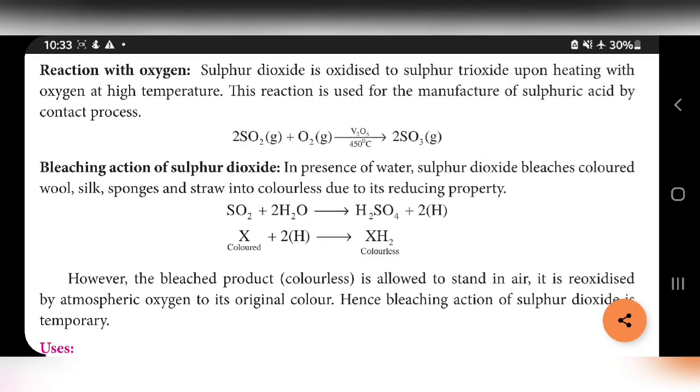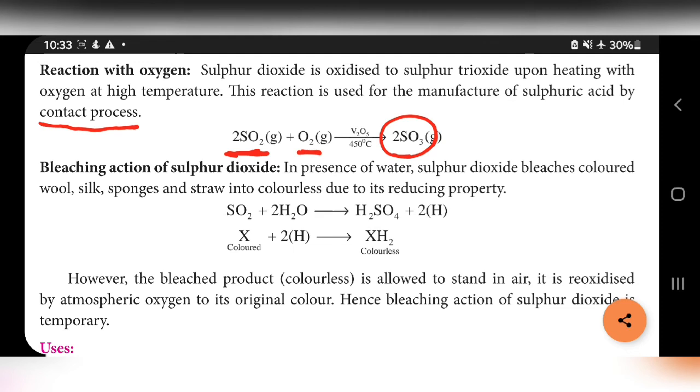Next one, reaction with oxygen. Sulfur dioxide is oxidized to sulfur trioxide. This very famous reaction is named the contact process. Contact process means manufacture of sulfur trioxide. Sulfur trioxide is prepared from sulfur dioxide and oxygen.